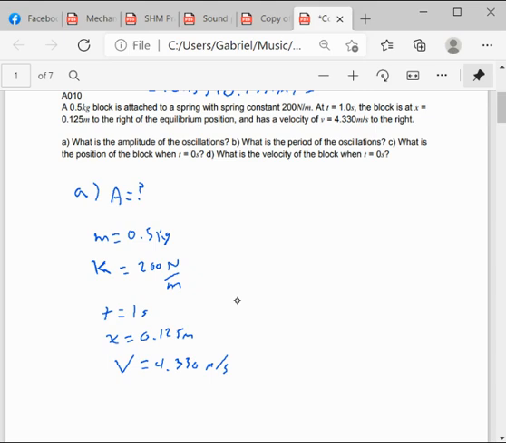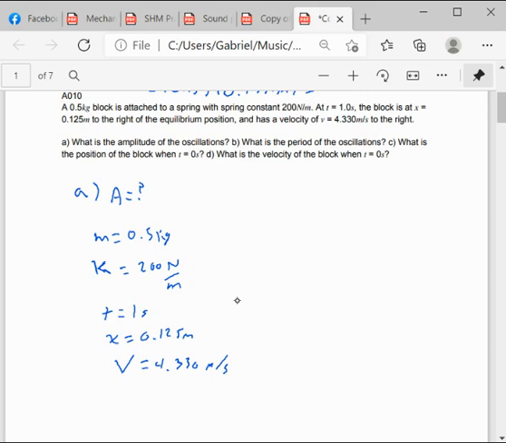There's a few ways you can do this. You can use the cosine functions and start plugging in the initial conditions, and with that you'll get the amplitude and angular frequency while you're at it.